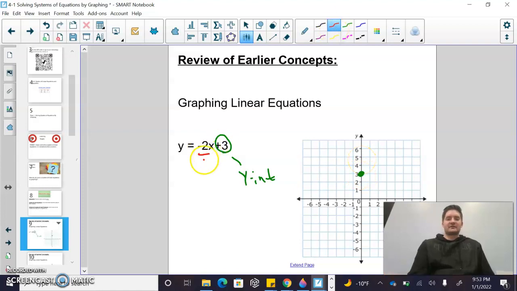Then this right here is your slope. Your slope is telling you that you are going down 2 and over 1. And remember, you really only have to make one more point in order to make a line. Like that.